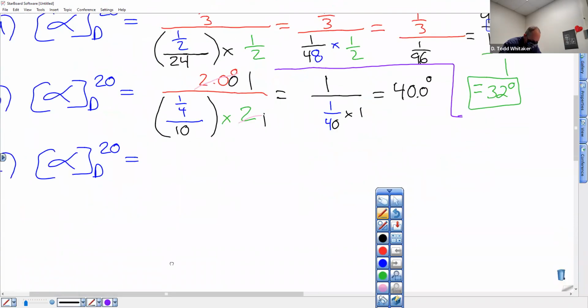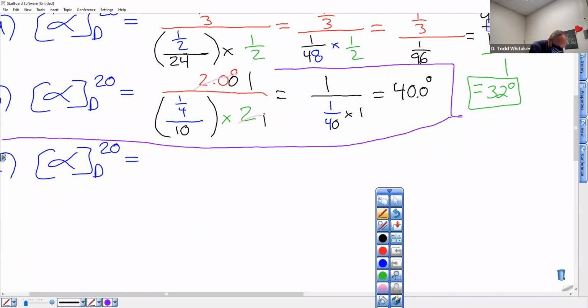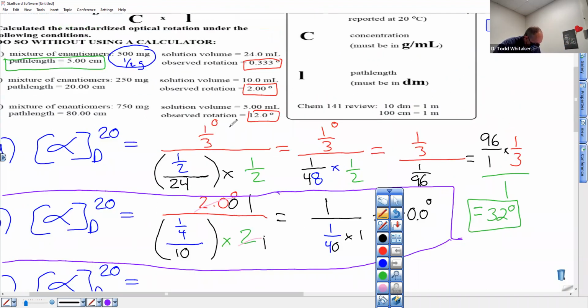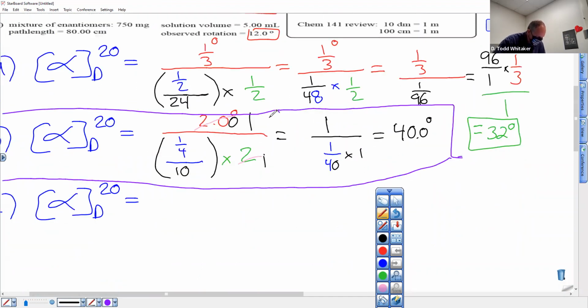And the third one. Good. I can't read there. So on top, you need the observed rotation, which is 12. And it's in red.